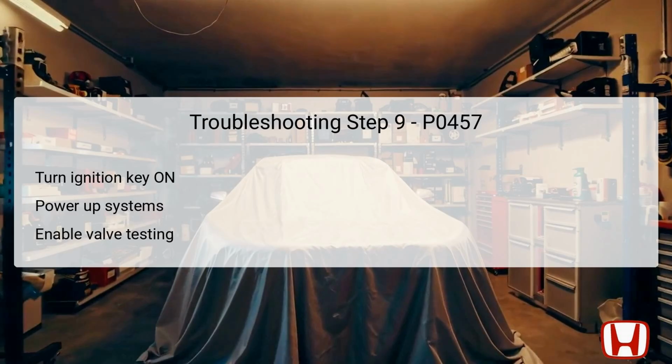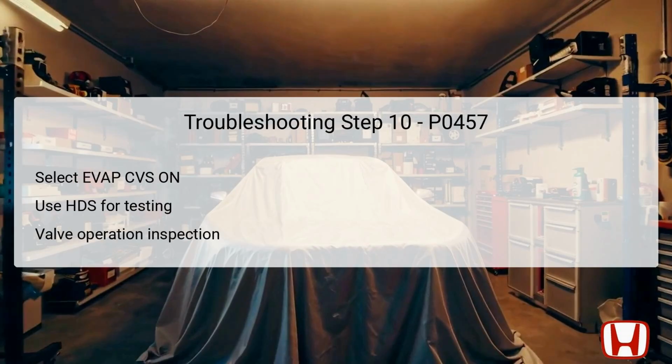It sets the stage for comprehensive diagnostics, allowing the technician to verify whether the valve responds appropriately to the commands received from the HDS. An operational valve is crucial for the performance of the EVAP system, as it regulates the flow of vapor. Checking the ignition position is an essential step before moving on to select the required diagnostic function within the HDS.